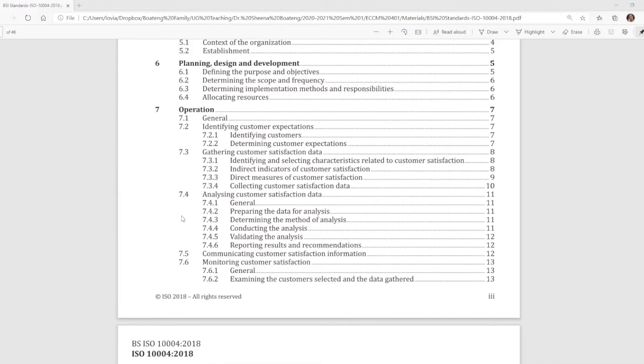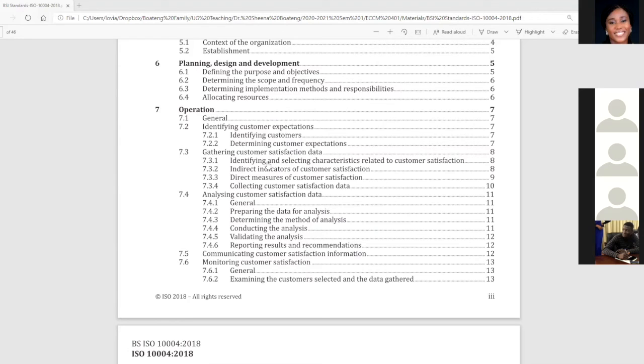Good. So throughout this course, we will learn, already we have learned about how to identify expectations, haven't we? Yes, we have. So for the rest of the course, we will learn how to measure customer satisfaction, how to gather customer satisfaction data.